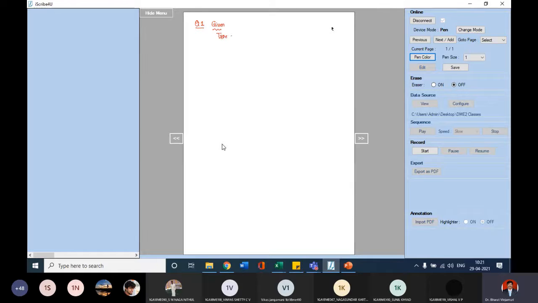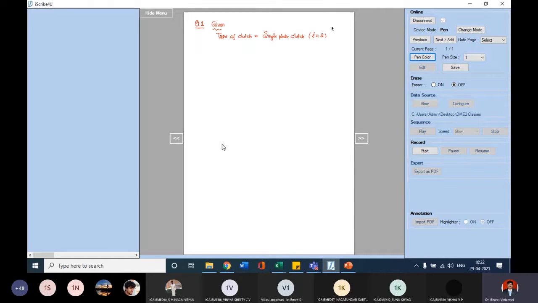The type of clutch is single plate. Always solve the problem by mentioning what kind of clutch is asked. So the type of clutch is single plate clutch. As it is a single plate clutch, write it here in brackets, i is equal to 2. Mention that the value of i will be equal to 2.